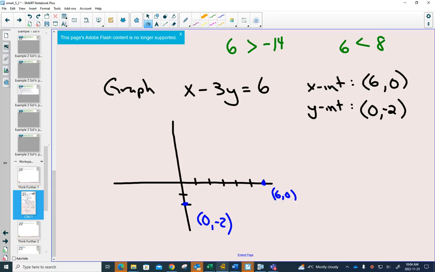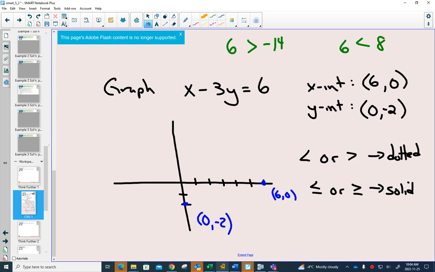Okay? Now, the difference in graphing an inequality is we have to make a rule when we have these signs compared to these signs. And mathematically, how we show that on a graph is we draw a dotted line, because those ones aren't included, and we draw a solid line when they are included.